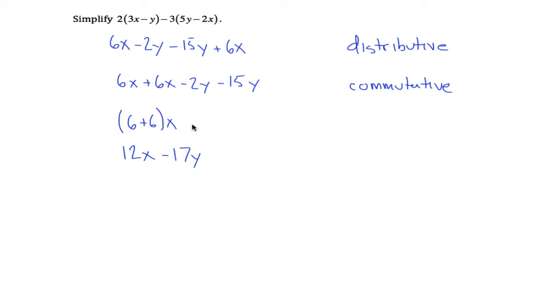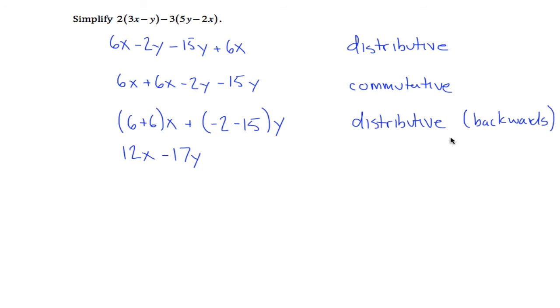Similarly, I can think of negative 2y minus 15y as negative 2 minus 15, y. So this is the distributive property. And again, it's backwards, or at least backwards of what I think of when I think of the distributive property.